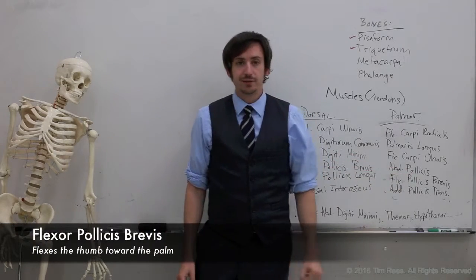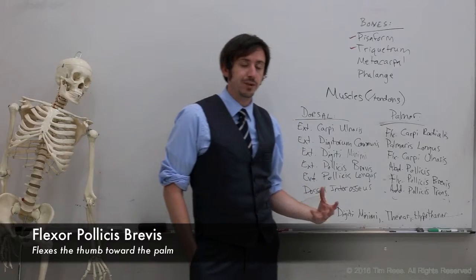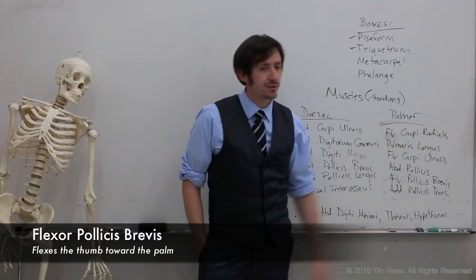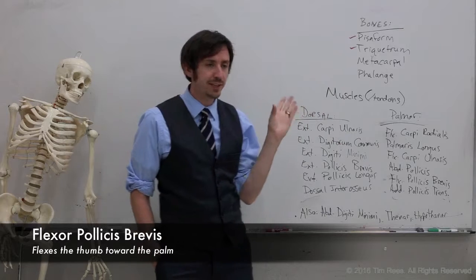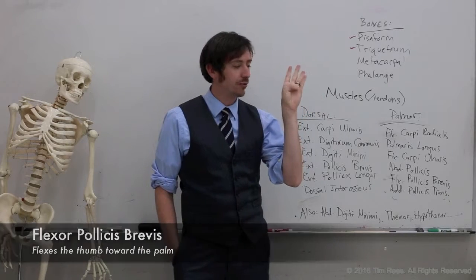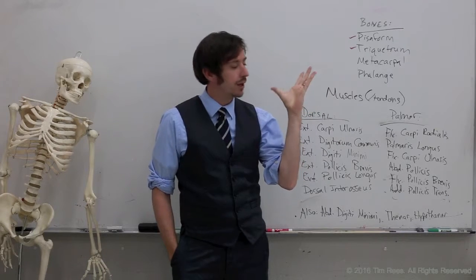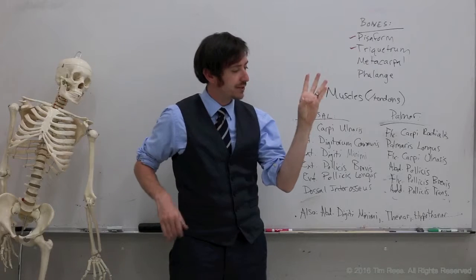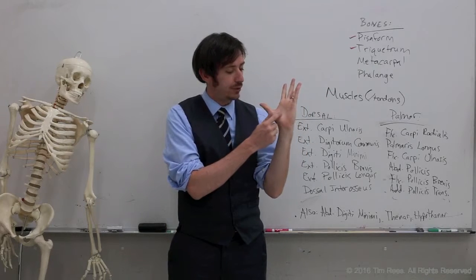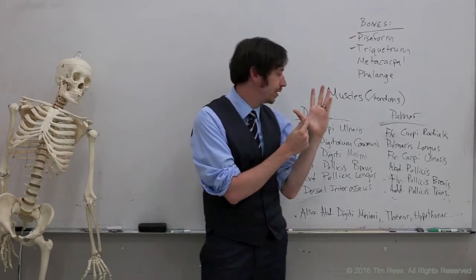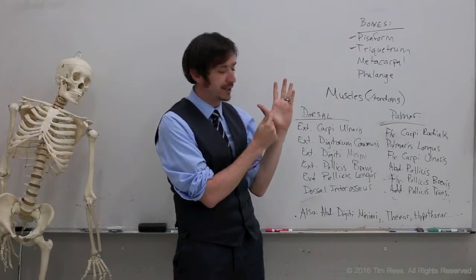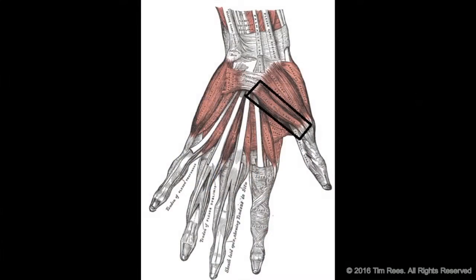Flexor pollicis brevis, a flexing muscle of the thumb, that's a short muscle, is responsible for flexing. Flexing, remember, is curling inward. So this would be a flexing motion. So if this is the flexing motion, then it would stand to reason that the flexor pollicis brevis is right here. So when this tugs, our thumb flexes inward.